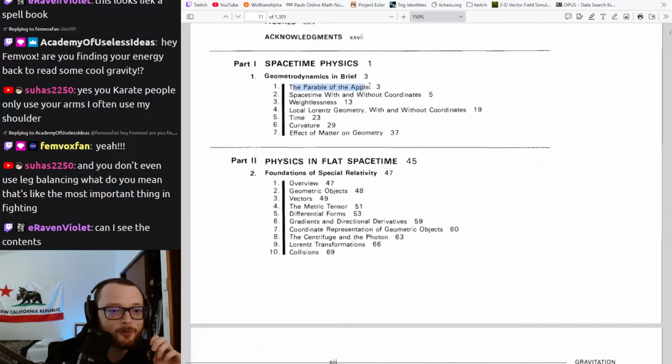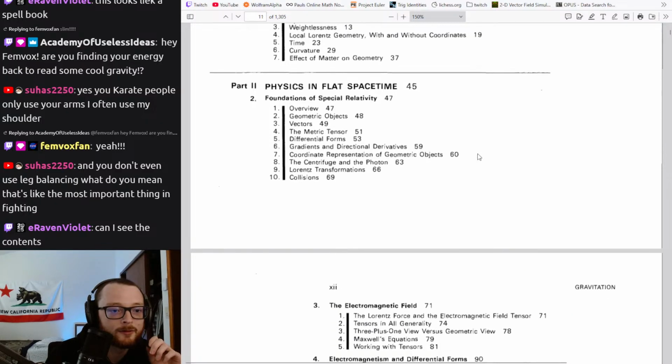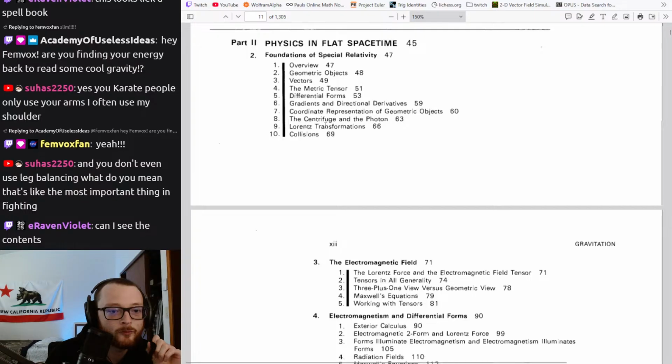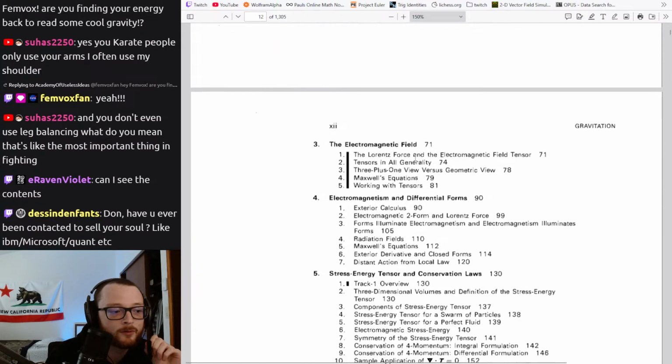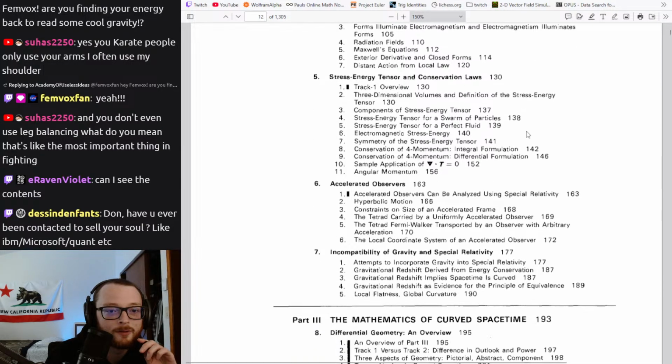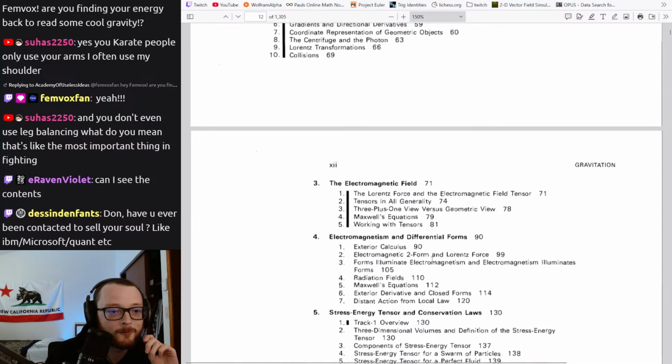The Parable of the Apple. So, okay, this thing starts off with tensors. Differential forms. Ooh. Wow, this is a lot of time spent on flat space-time.